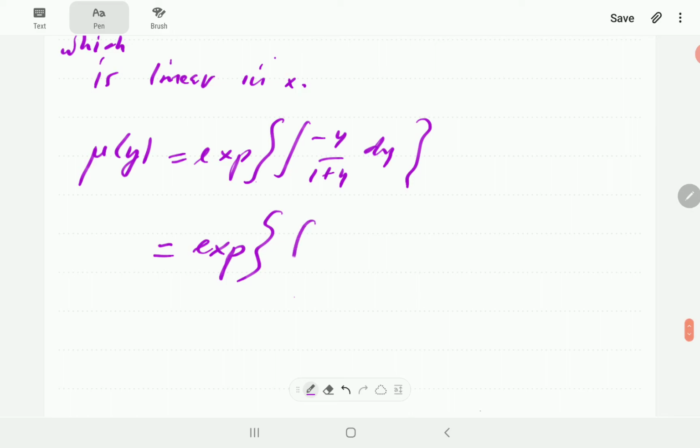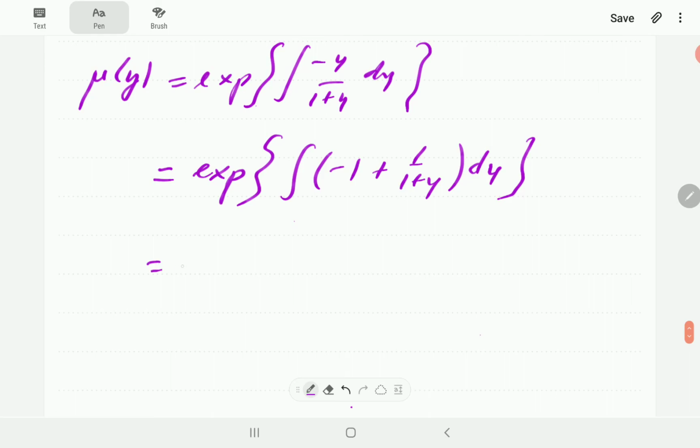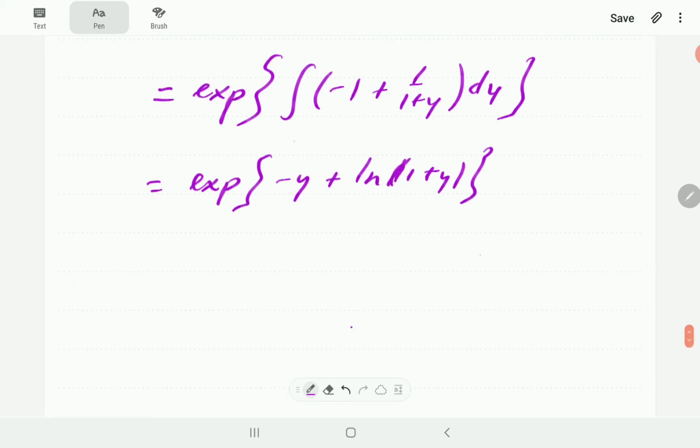If we divide first, we get minus 1 and the remainder is going to be 1, and so that's going to be the exponential of negative y plus ln 1 plus y. So this just works out to 1 plus y e to the minus y.